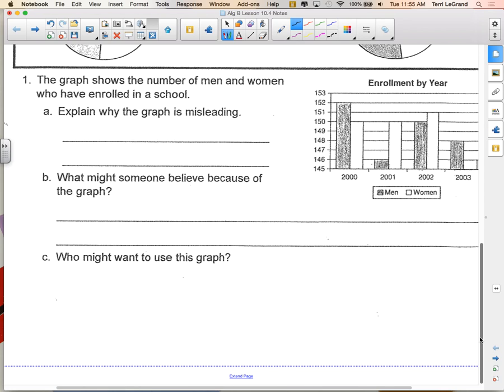Good. Is that the vertical one you're talking about, the number of men, the number of women? Okay, because we could write a little bit shorter that way. The vertical scale, what we call the y-axis on a coordinate plane, does not start at 0.